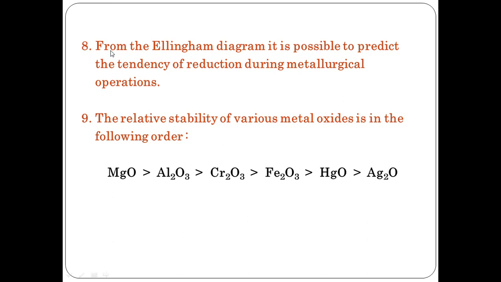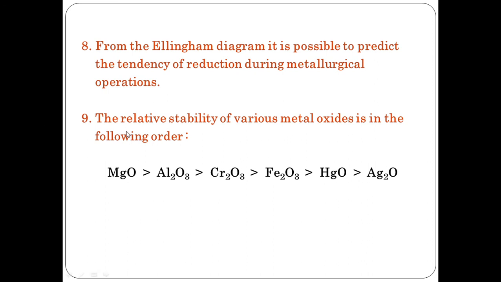Next point, from the Ellingham diagram it is possible to predict the tendency of reduction during metallurgical operations. As we already discussed, the Ellingham diagram is used to find the suitable reducing agent.